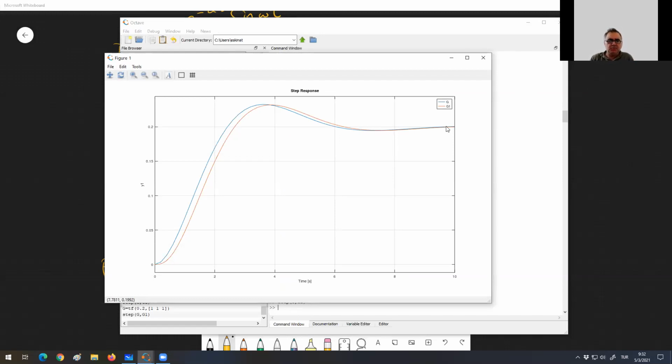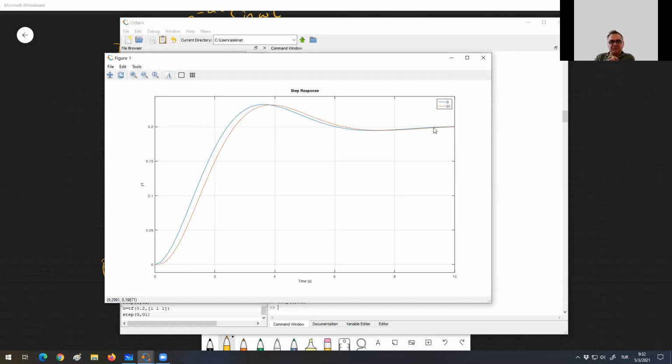The steady state of both of them are 0.2 now. Anyway, as you see, the red one is a second order system, and the blue one is a third order system.